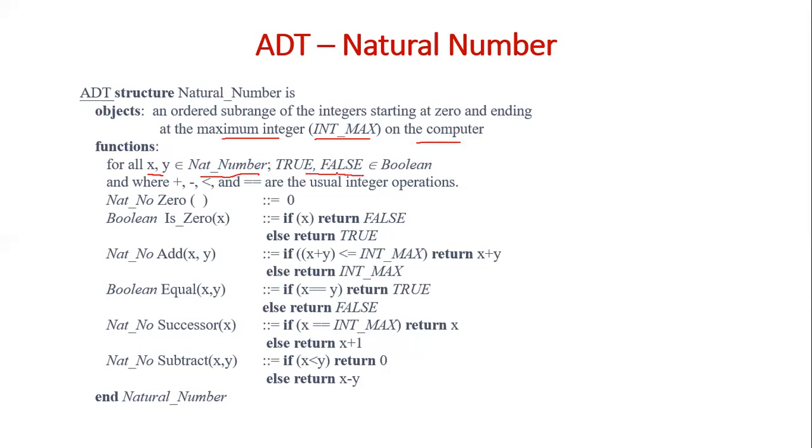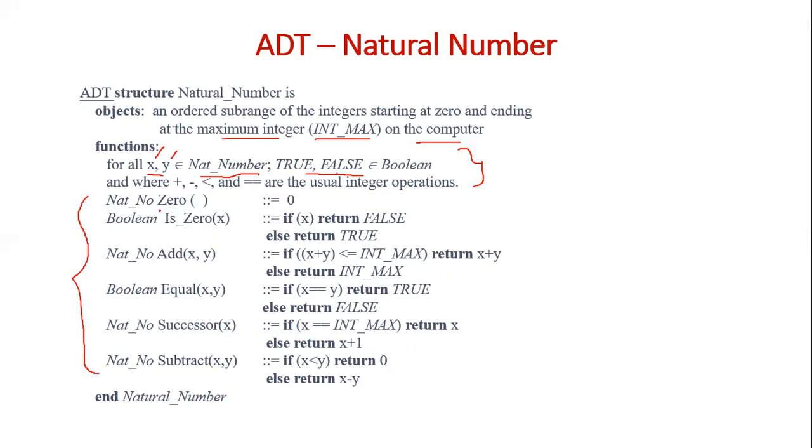So these are some of the things we are declaring: two numbers x and y which belong to natural number, and true or false belongs to Boolean, and plus, minus, less than, and equal to are the operations that we can perform. Assuming that these are the typical functions this particular abstract data type may support.